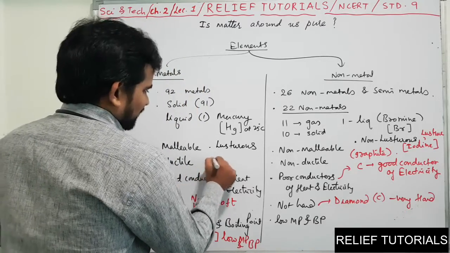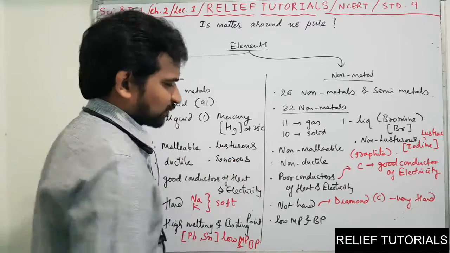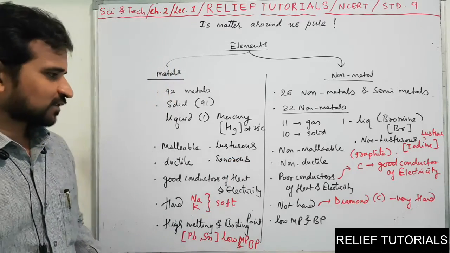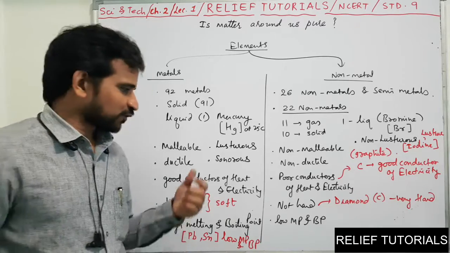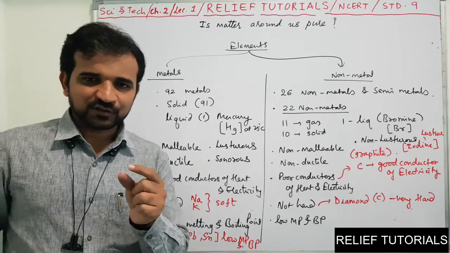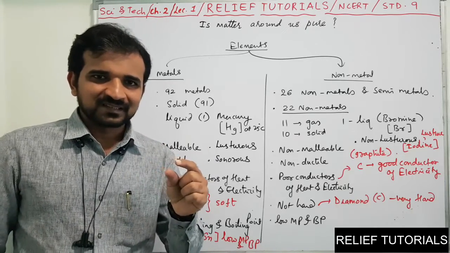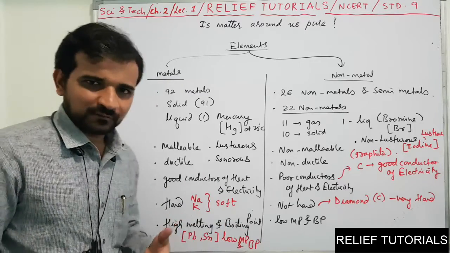Most of the metals are sonorous. Sonorous means they can produce a ringing sound when you strike them with a hard substance. It's like a spoon made of stainless steel producing a certain type of ringing sound when it falls on the floor.